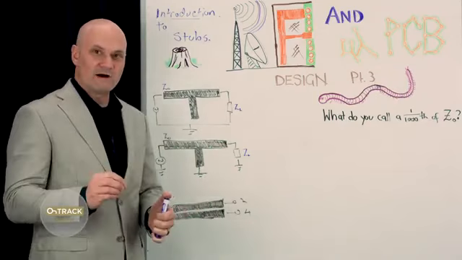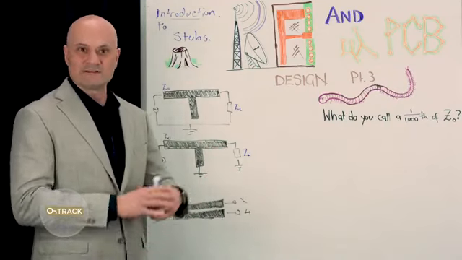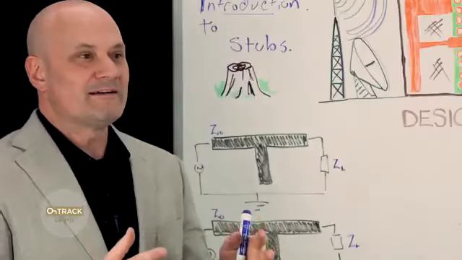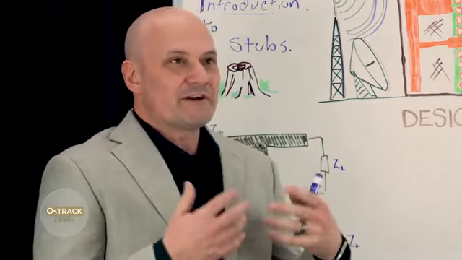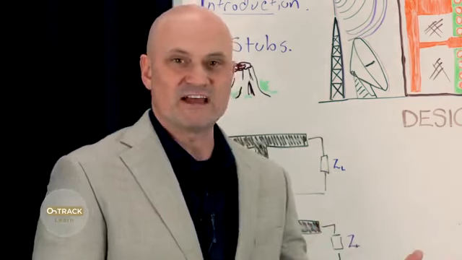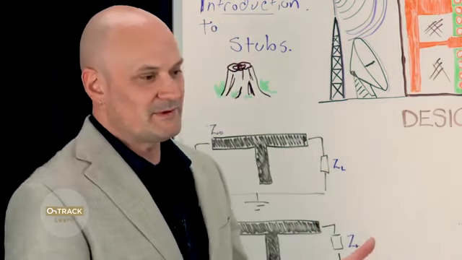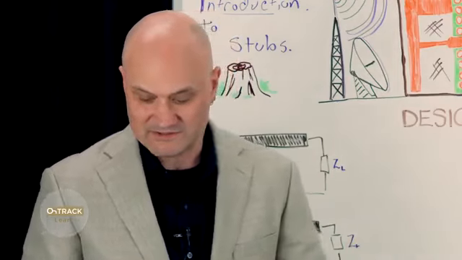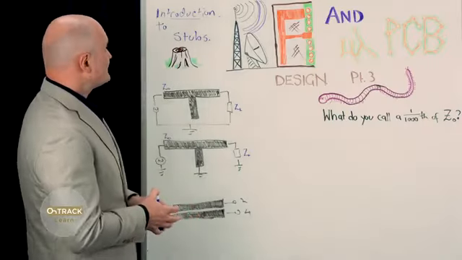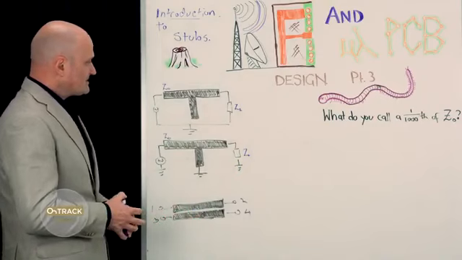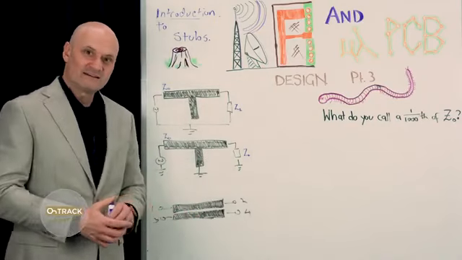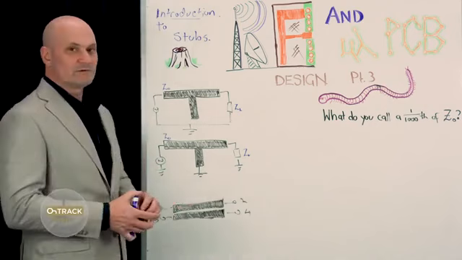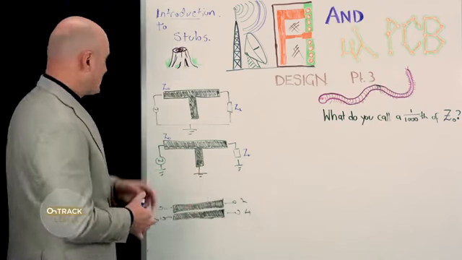You almost always will encounter stubs somewhere, and this is where the curiosity is piqued, seeing strange shapes on the PCB and wondering what the heck is all this for and what does it do. So to get started, let's consider the most basic transmission line stubs you're going to encounter, and we'll take a look at a couple of examples where they might be used.